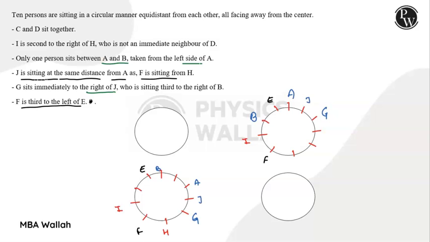Now moving further, we are given C and D sit together. So that means there should be two places vacant together. If we see in one of the cases, there are only two places that are this and this, and no place which is together is vacant, so this case is also eliminated.